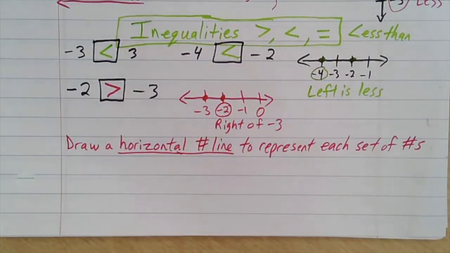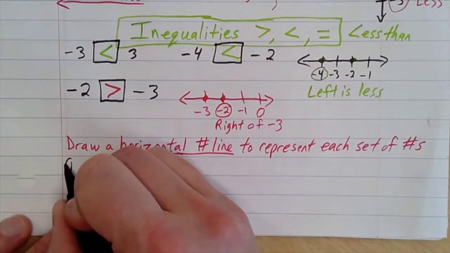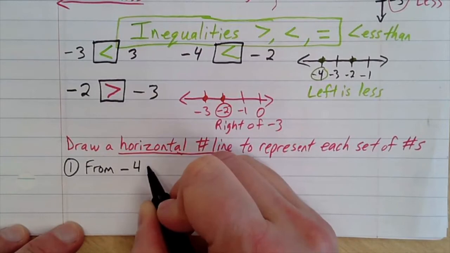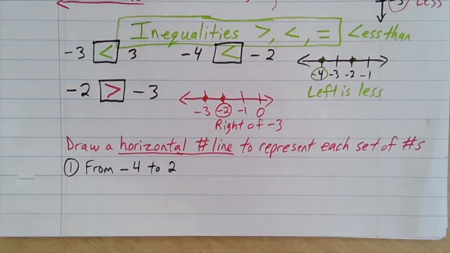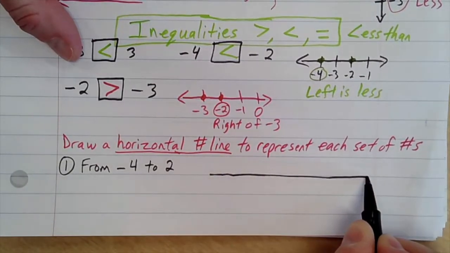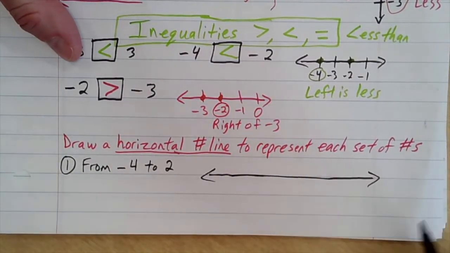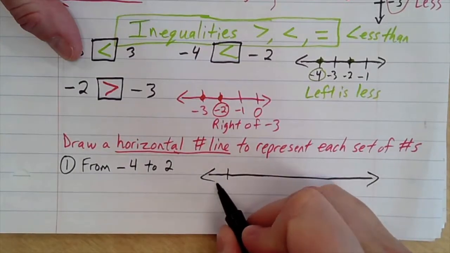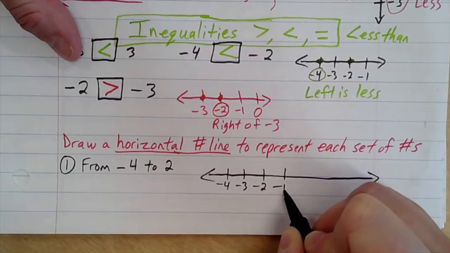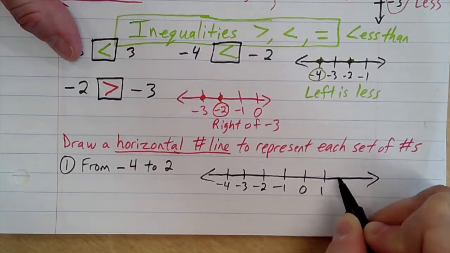So the first one says you need to draw a horizontal number line. Number 1 says from -4 to 2. So horizontal, you have to go sideways. You could trace this blue line here. -4 to 2, so if this was -4, coming this way would be -3, -2, -1, 0, 1, 2.